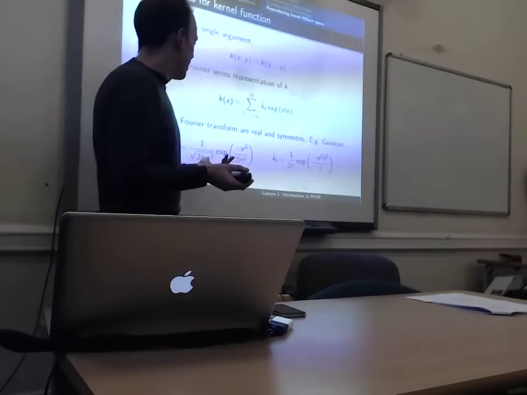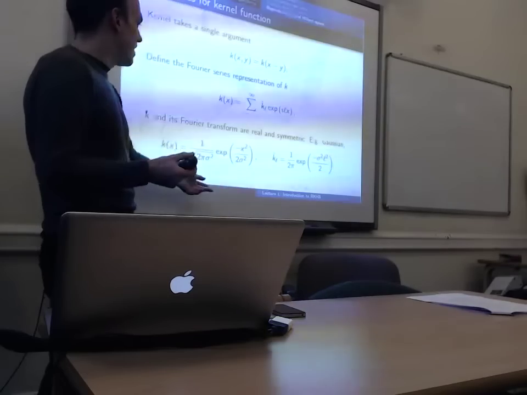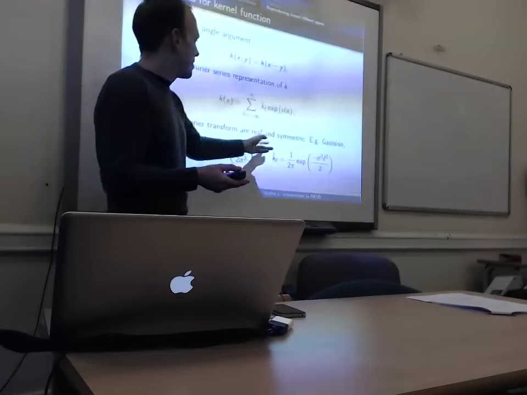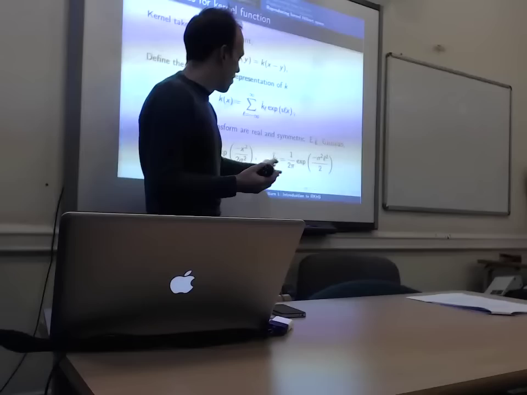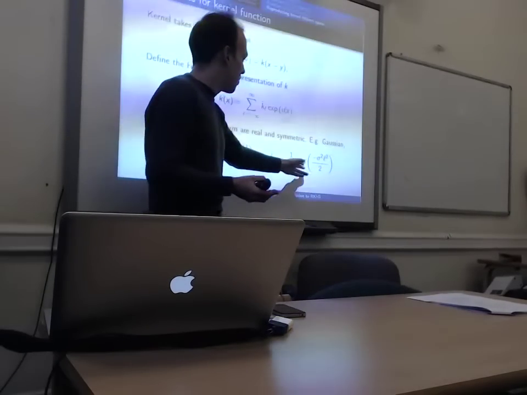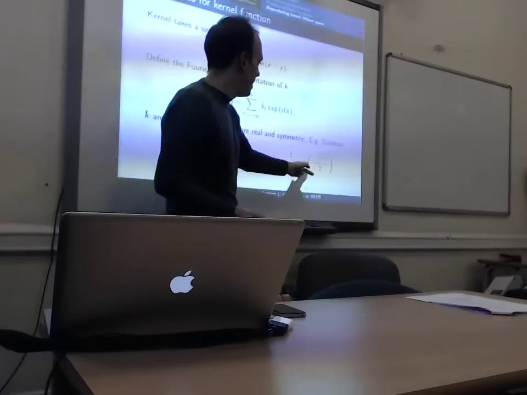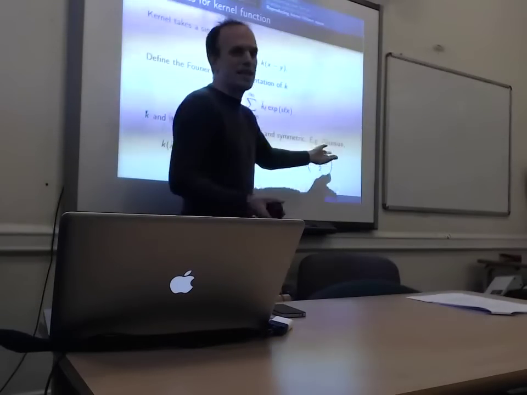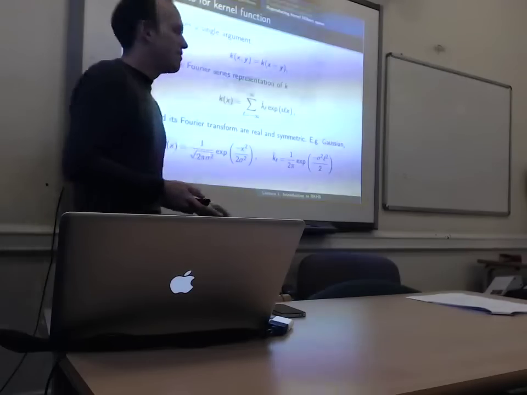If my kernel looks like this, which is a Gaussian, then in the Fourier representation, building up the kernel in terms of these cosines, the coefficients of these nonlinearities will also take the form of something that decays like a Gaussian. So I've got e to the minus, in this case, the Gaussian evaluated only at integers, so L squared, divided by 2.